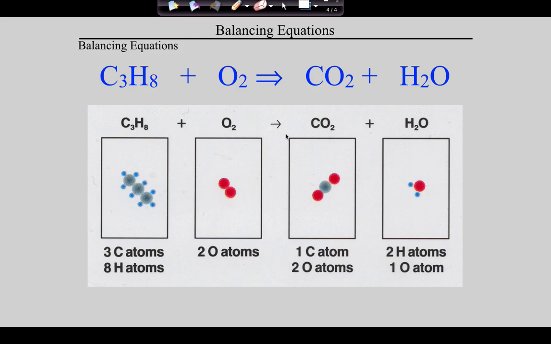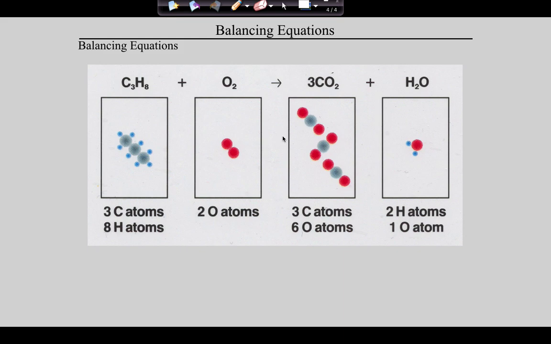And when we get 3 carbon dioxides, so we've got 1, we've got 2, we've got 3, now that we've got 3 separate carbon dioxide molecules, how many carbons do we now have? 3. Do you see how that makes that balance? So we've got 1, 2, 3 carbons there, 1, 2, 3 carbons there, and our carbons are now balanced. You good? Okay, so now guys, let's keep going.